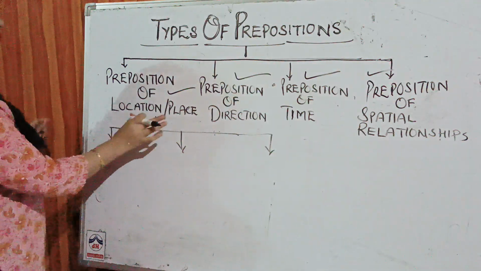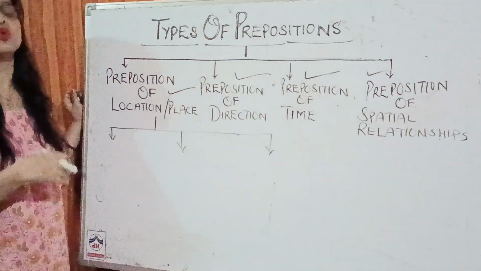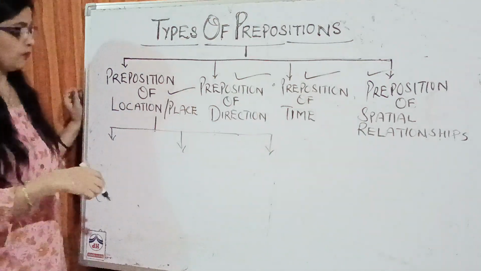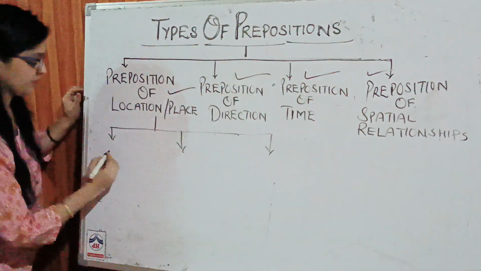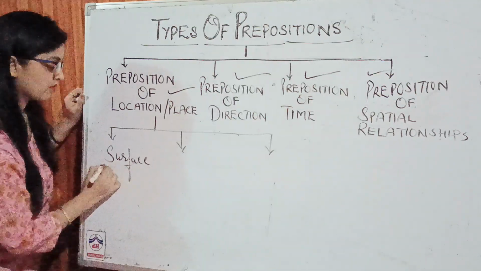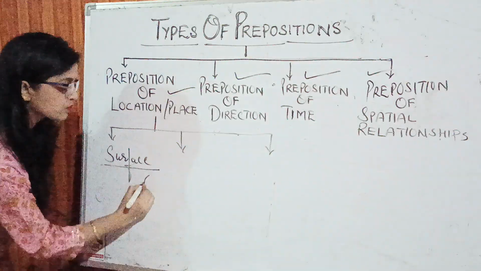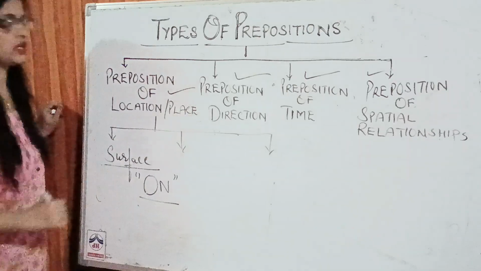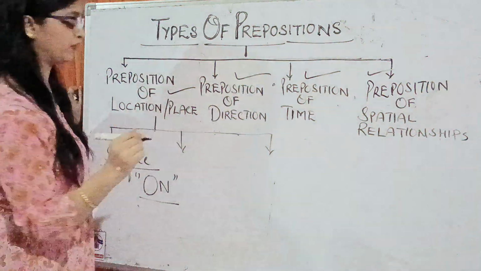So preposition of location, the name itself indicates that this preposition includes those words which show the location of things. Preposition of location is further divided on the basis of surface. On the basis of surface, it includes the preposition on. Very important and very common, which we use in our daily language.